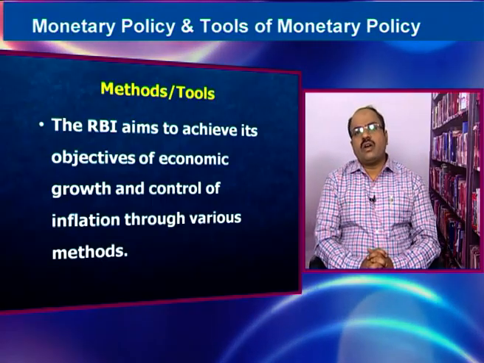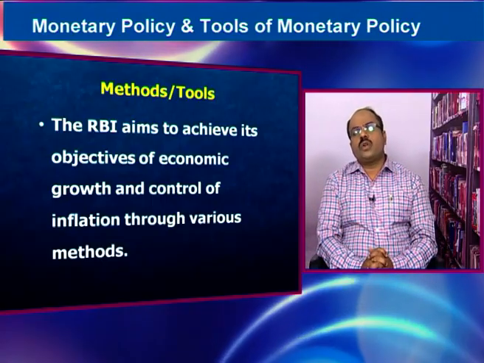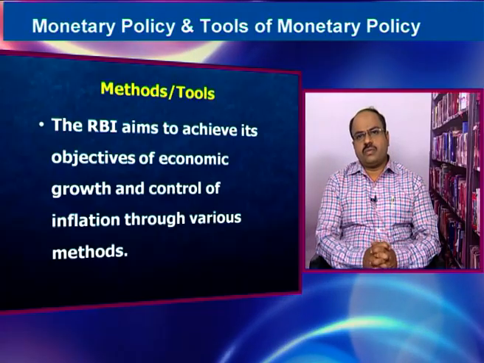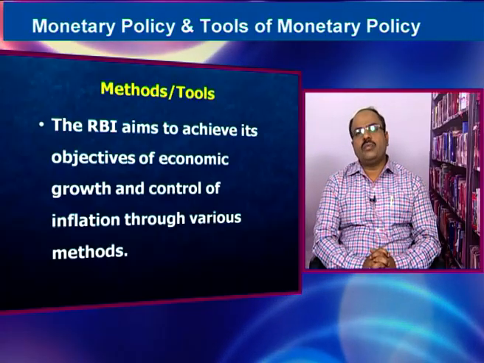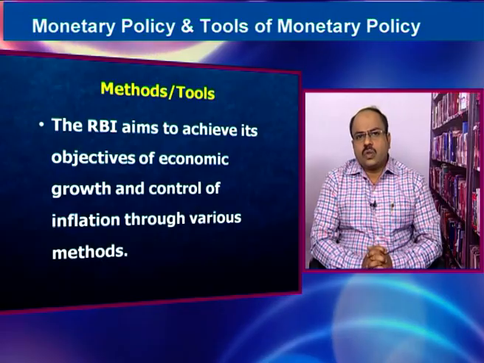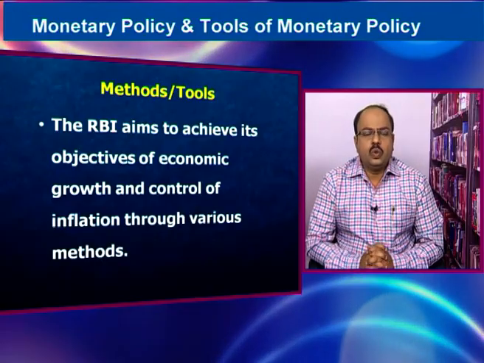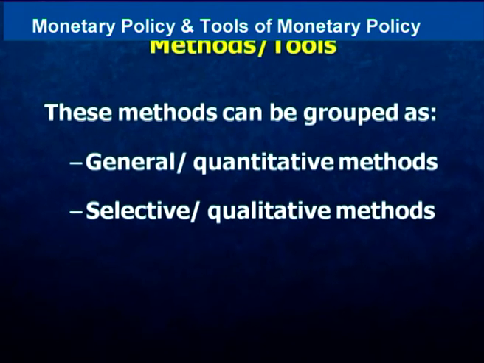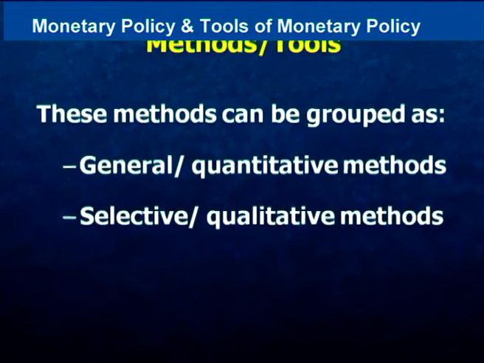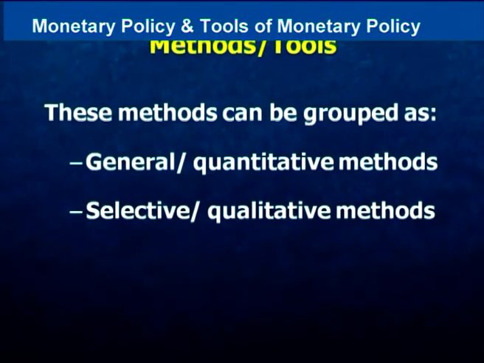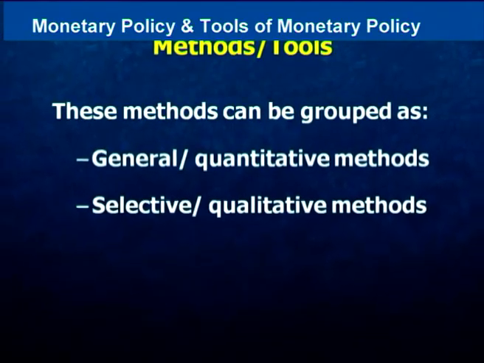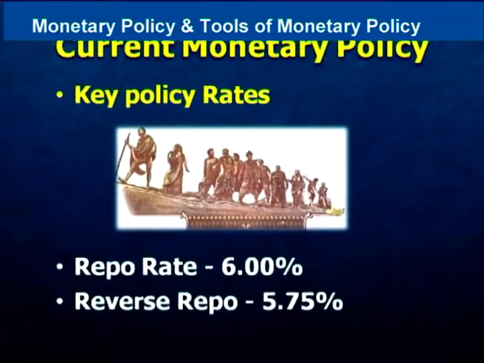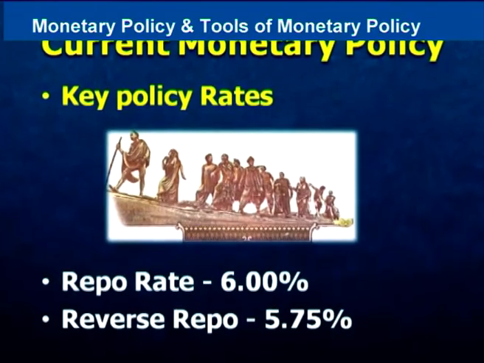The Reserve Bank of India aims to achieve its objectives of economic growth and controlling inflation through two methods: general or quantitative methods and selective or qualitative methods, which measure the monetary policy's key rates through open market operations or deployment of credit.